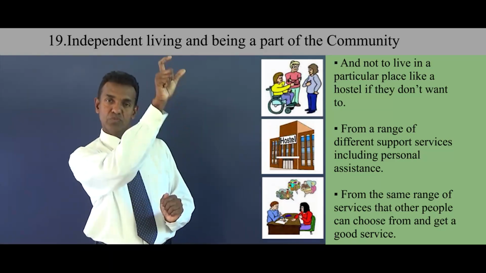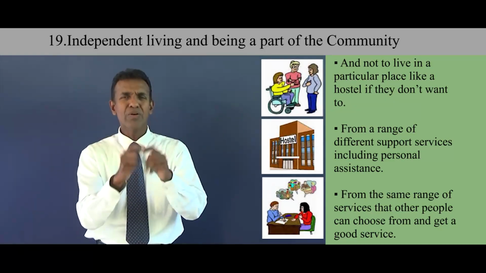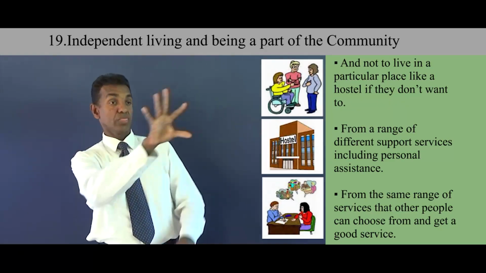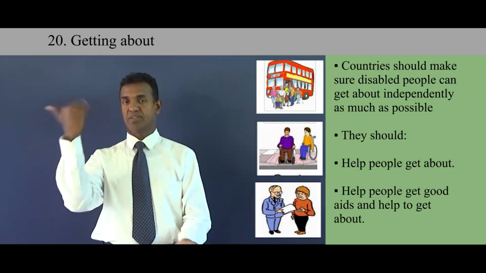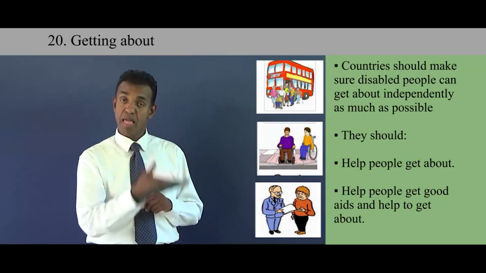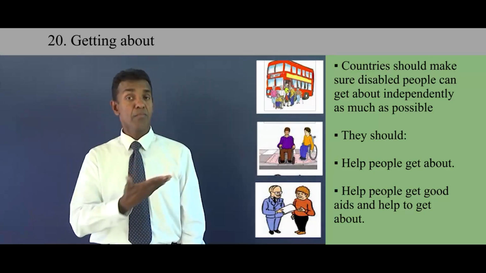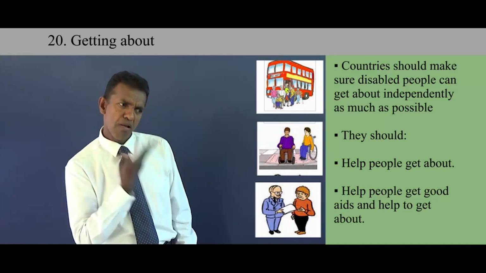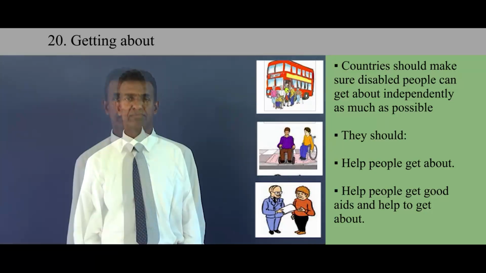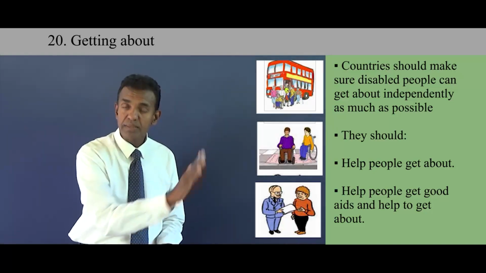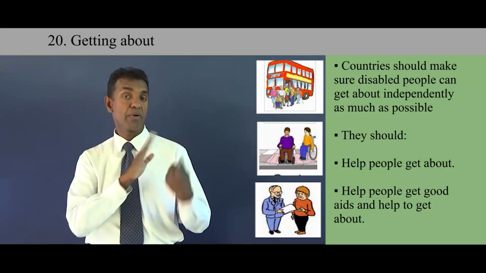Getting about. Countries should make sure disabled people can get about independently as much as possible. They should help people get good aids and help to get about. Make sure these things don't cost too much.